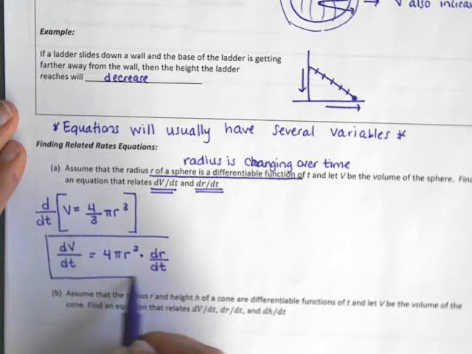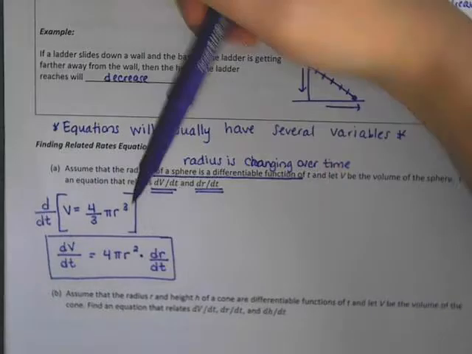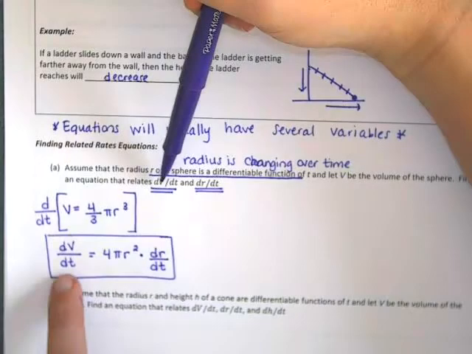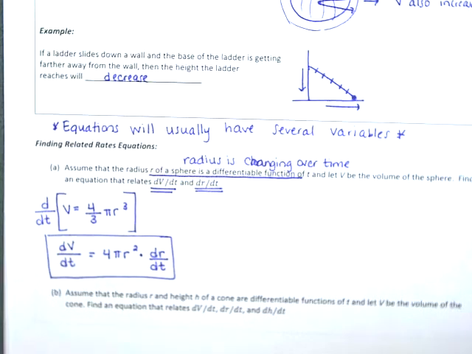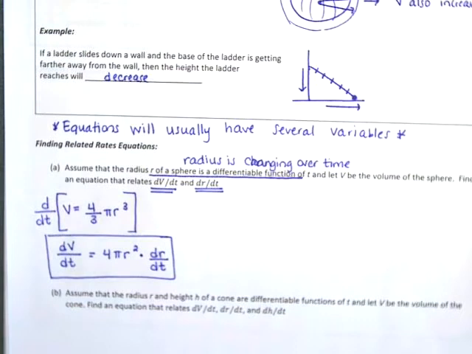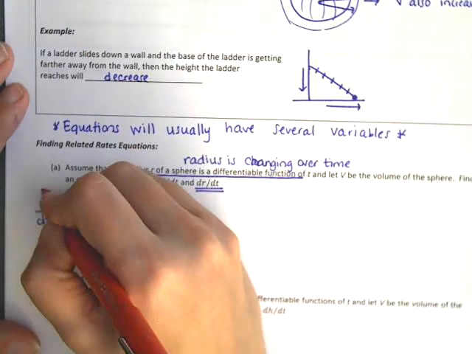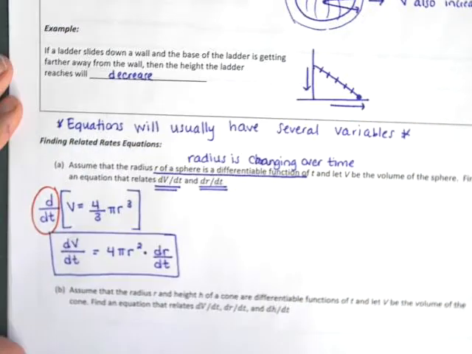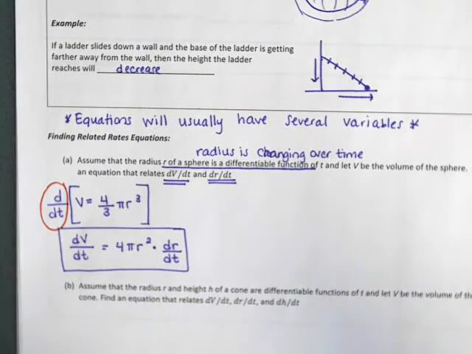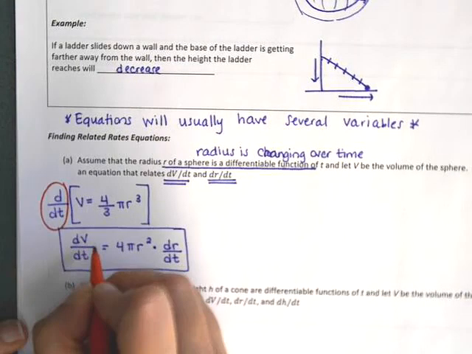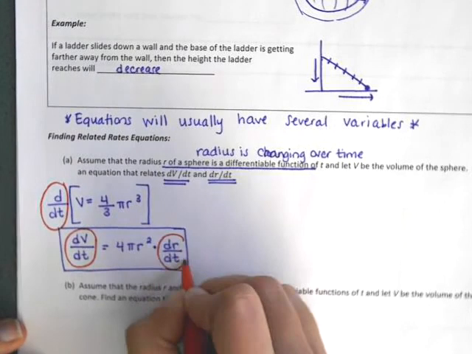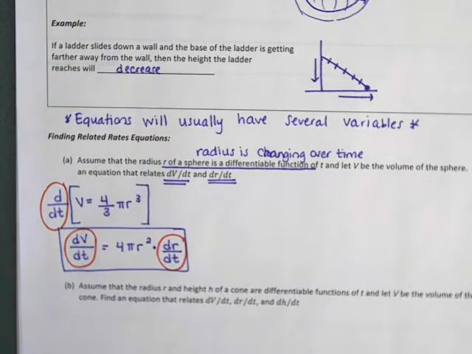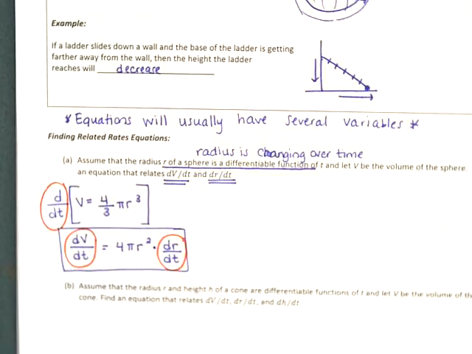This would be our formula. And it is a relationship between this rate and this rate. So it satisfies the question we were being asked to figure out. This idea that we are taking the derivative with respect to time is what makes this a related rates question. And what that means is every derivative we write in the question will be over dt because everything will be changing with respect to time.